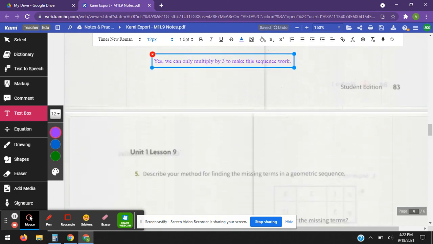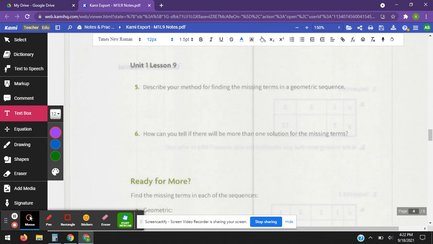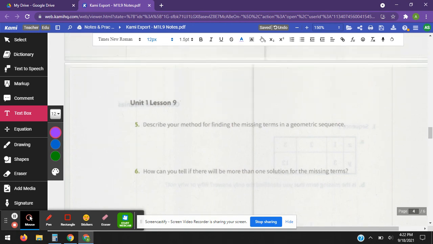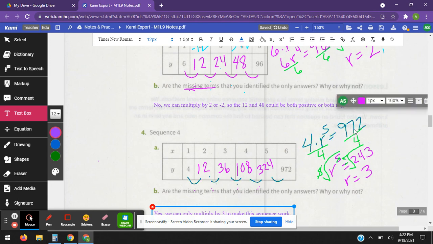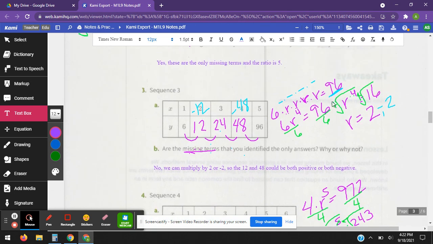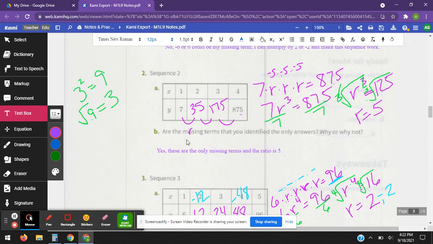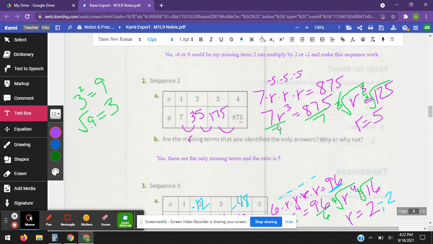All right. What's the next page? Describe your method for finding the missing terms in these geometric sequences. Well, really what we did was, if we go back and look at our pattern, we took the last one divided by the first one, and then we took a root by how many jumps.